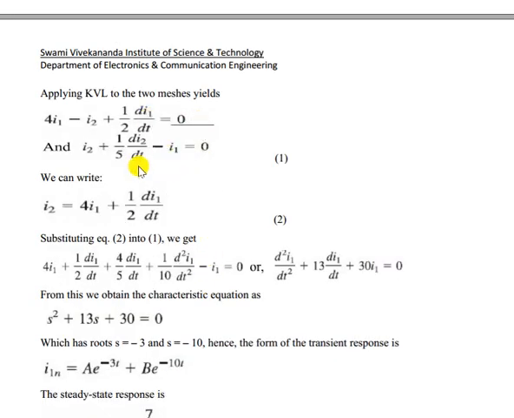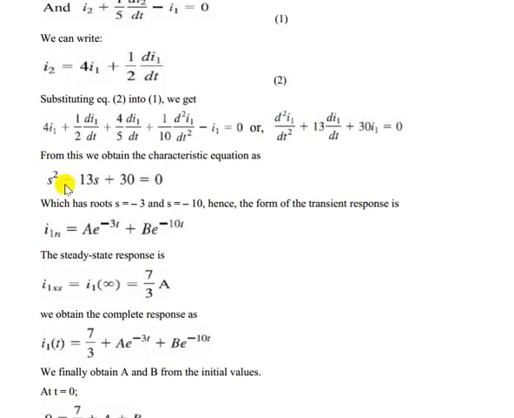Now from these two expressions, from the first equation we can find I2, and then put this I2 in the second equation. Solving, we will get one second order differential equation. From that we got s square plus 13s plus 30.